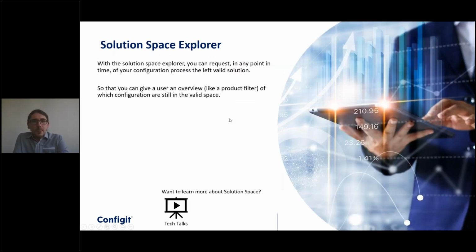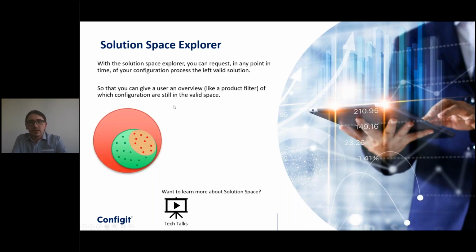The last one is the solution space exploring. So now we have the full compiled solution space in our VT technology. And if you do a partial configuration, it might look like this. You have some still valid configurations, and there are some configurations no longer valid because you have already selected certain functionalities.